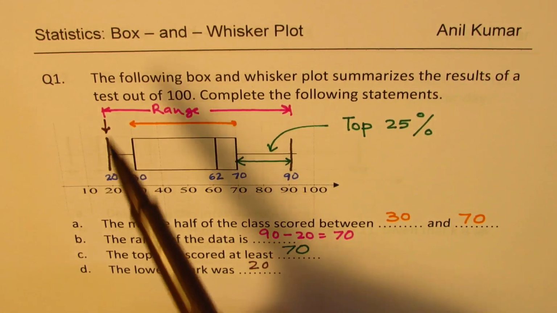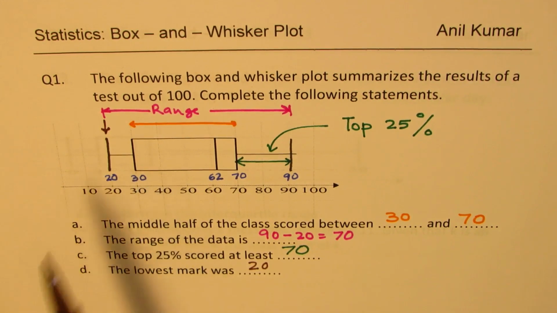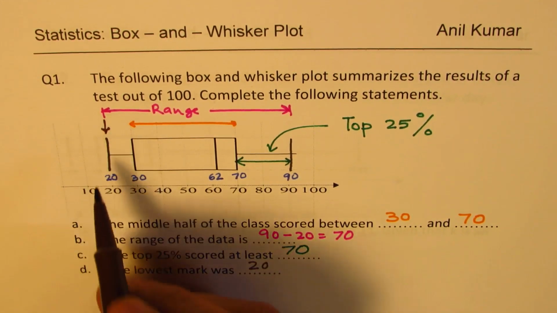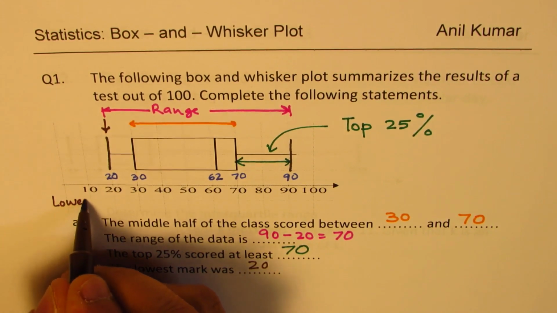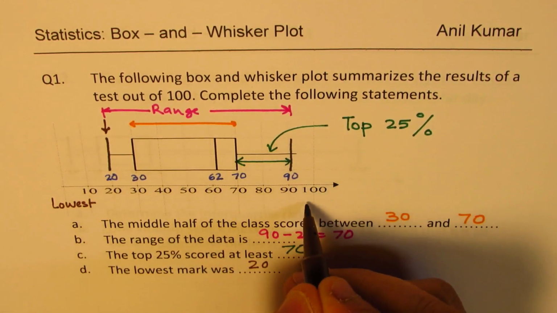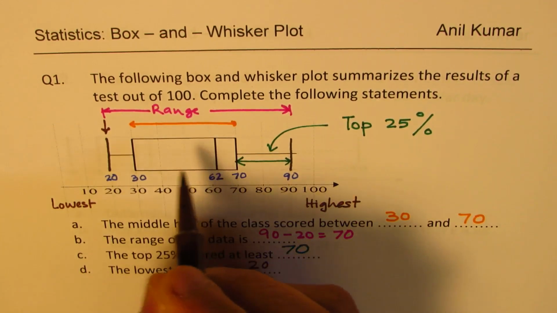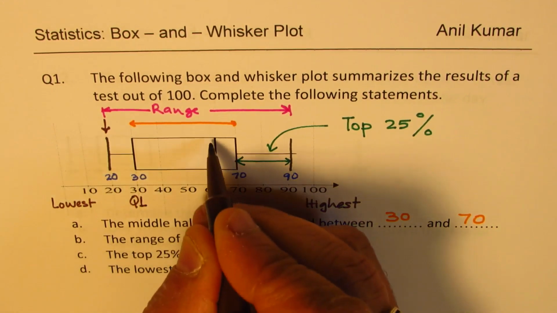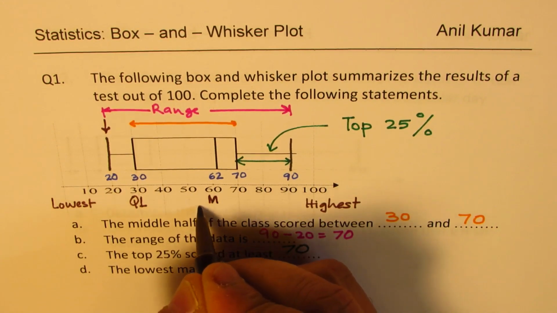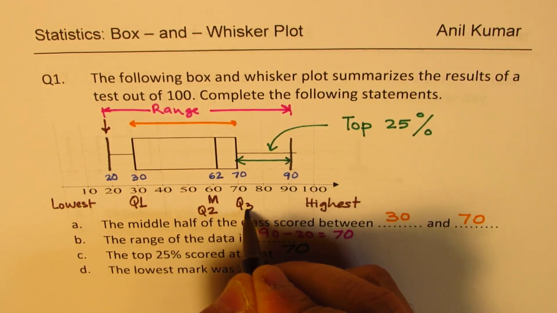So in any box and whisker plot, there are 5 very important things. Lowest, right? So let me write down. So we have 5 important things. One is the lowest. Then we have the highest. Then we have first quartile. This is median, or sometimes referred to as second quartile. And then we have third quartile, right?